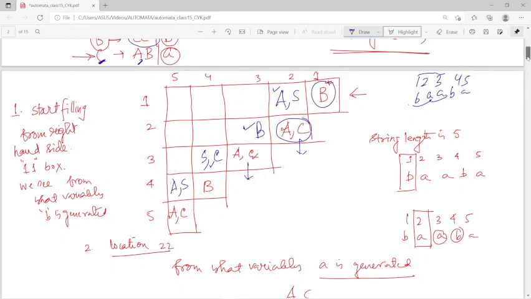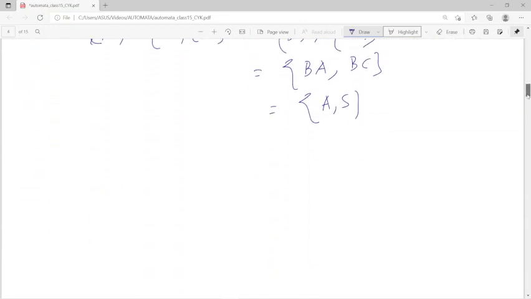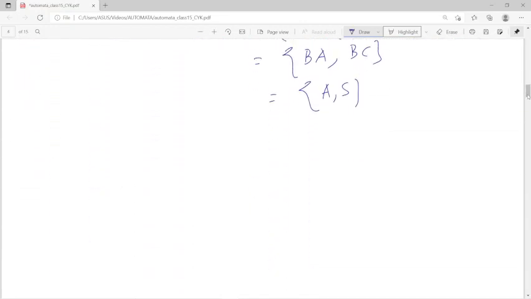In case of 1 and 3 there should be different possibilities, that means the next cell is 1 3, and this is BAA.